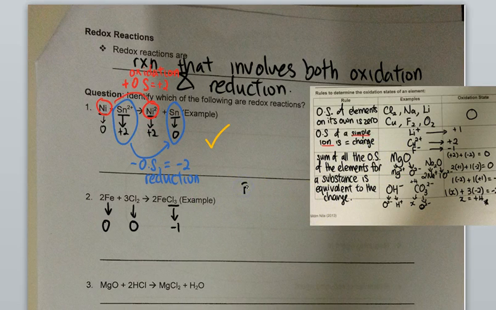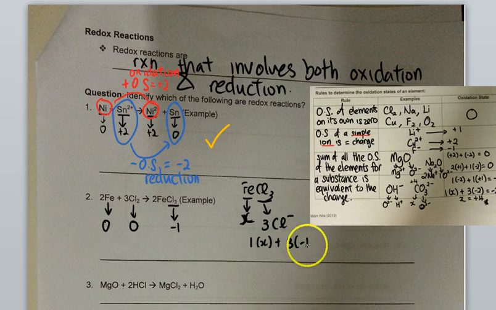I want to find the oxidation state of Fe in FeCl3. Put it as x. For Cl, I know it's 3 Cl minuses. So let's do some simple calculation. 1x plus 3 times -1 overall is 0. So x has oxidation state of +3. So this Fe here is +3.